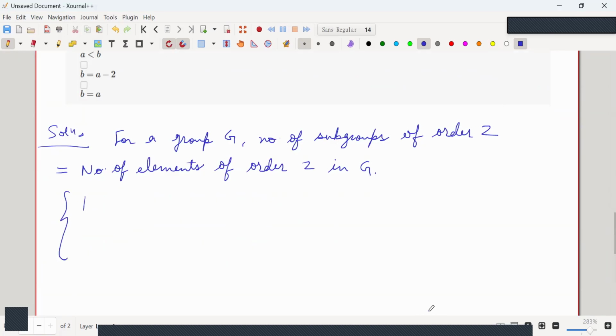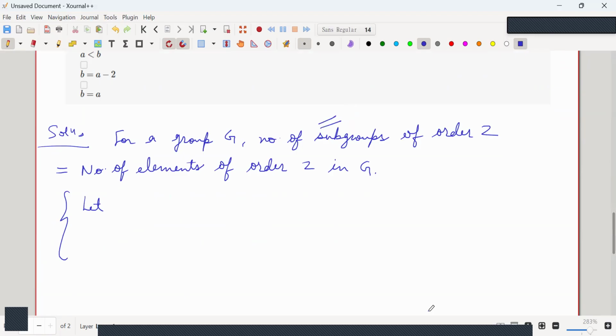So let us say this is a set, say A, and it's very bad notation.